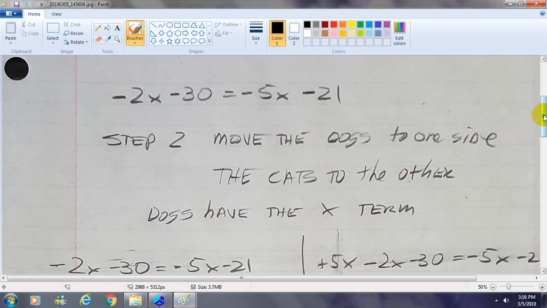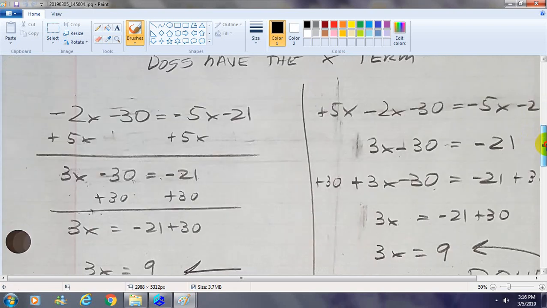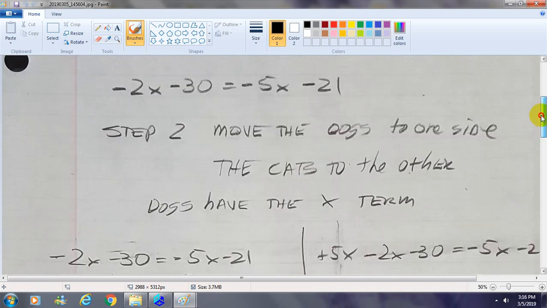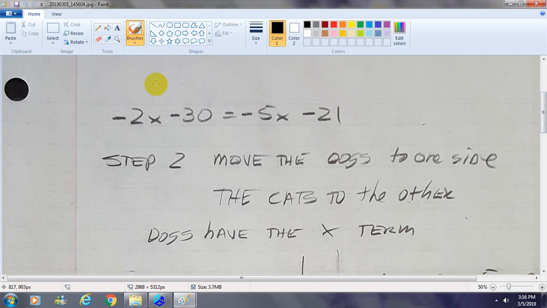So we look at the thing. If we want to move the 30 over to this side of the equation, it's not a big deal. What we do is we just add 30. We do the opposite of what this says.